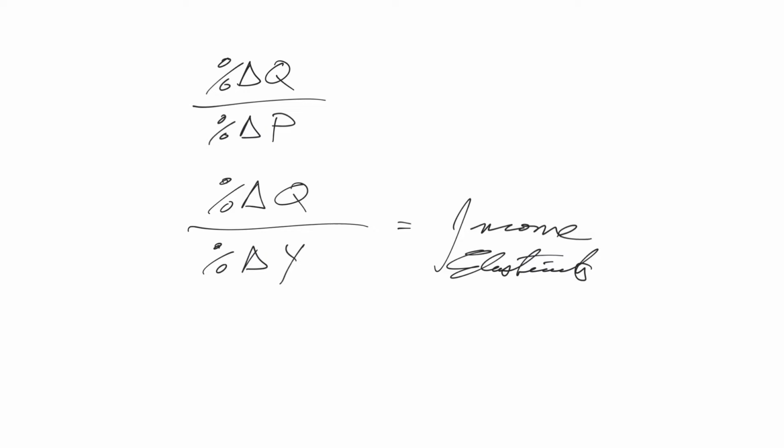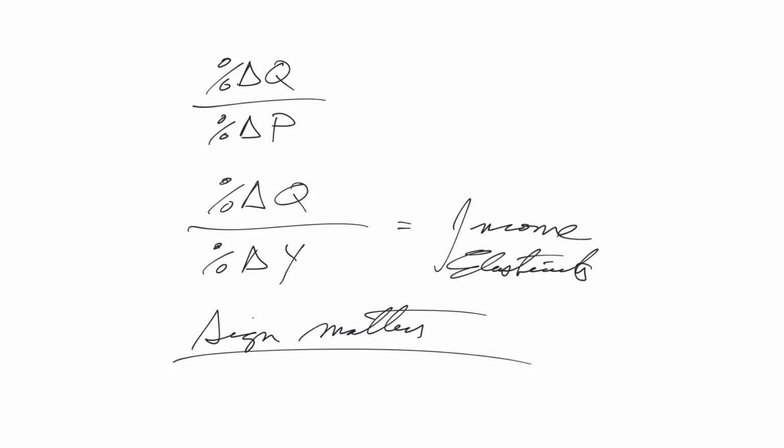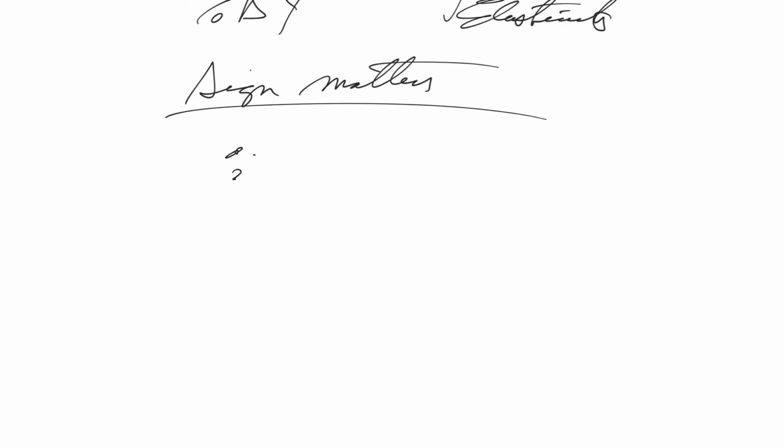That's it. You already know what elasticity is. Well, I guess there's a few things we can say about it. With income elasticity, the sign matters. Let me write it out.